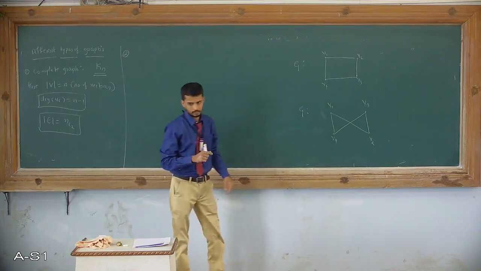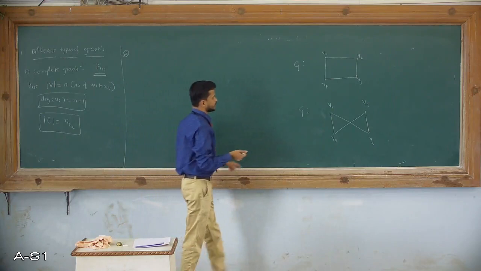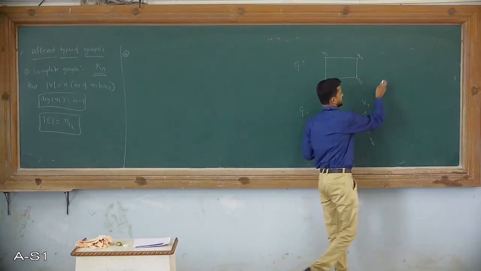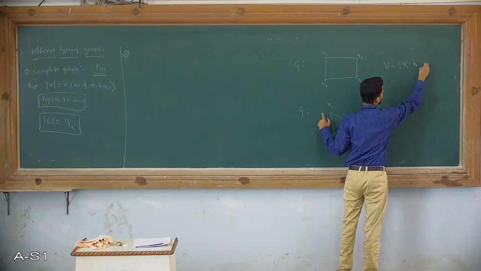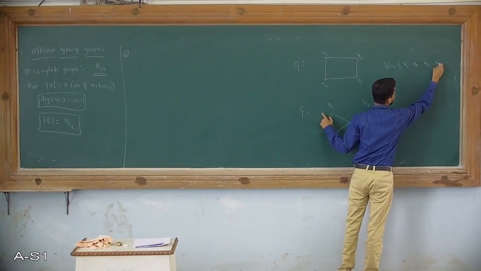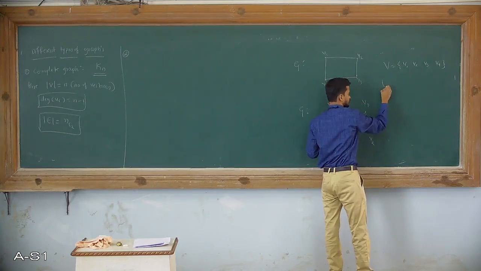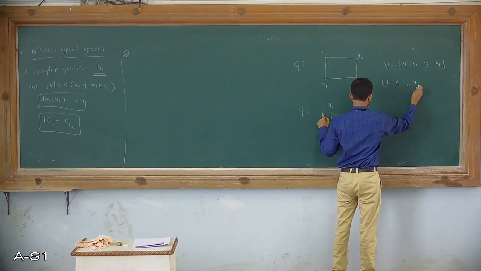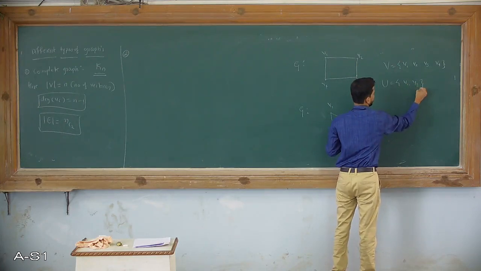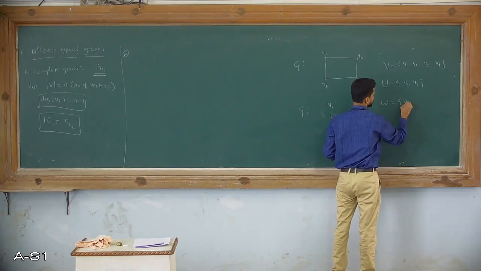Here we are moving to the next type of graph. What I did is, the vertex set V, which is V1, V2, V3 and V4, is partitioned into different sets. I will say U is V1 and V3, and another partition set I will say is W, which is V4 and V2.